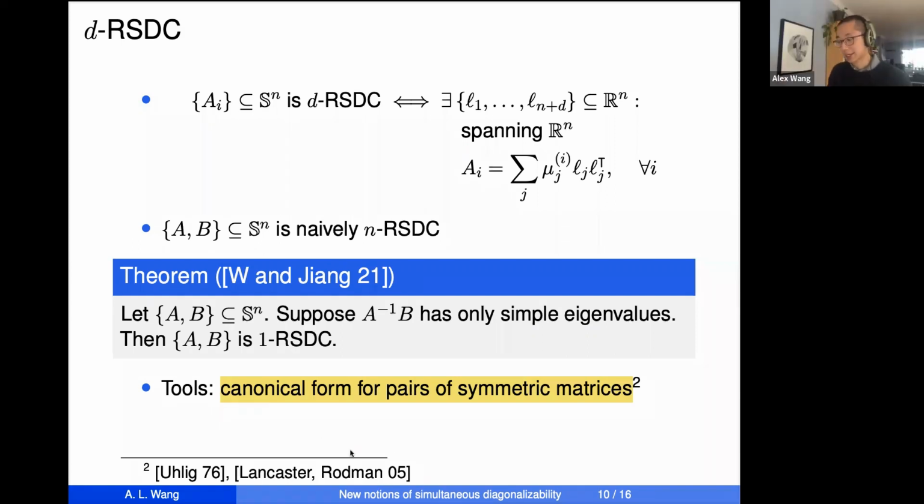I think part of their exposition is slightly more complicated than necessary because they consider arbitrary pairs A and B, whereas for our purposes it suffices to pick, like, the RSDC property or the SCC property.